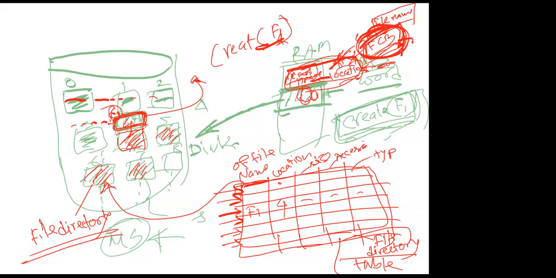When you create the file, you get all this information from the file control block, then you add a row using the file name and all other information from the file control block, and then you can delete the file control block and save the entry to the file directory on the hard disk permanently.